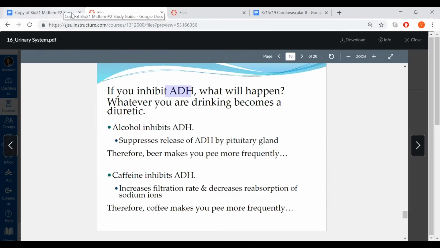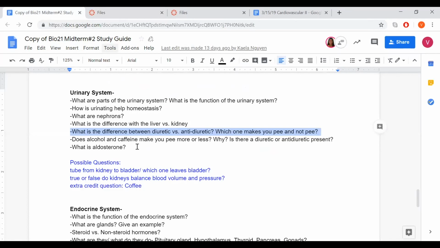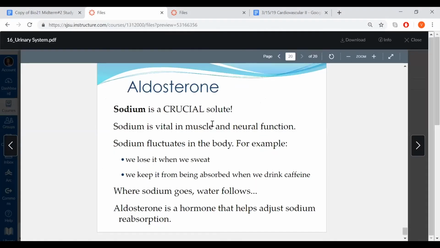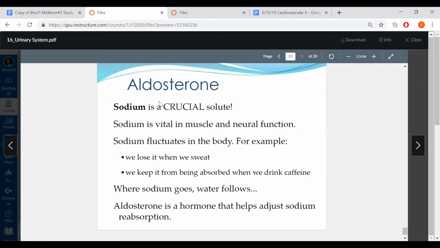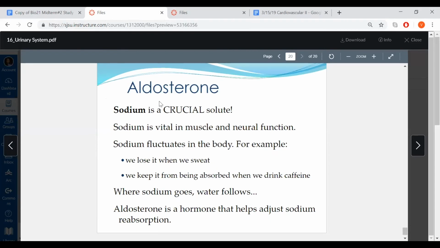But anyways, moving on. So what is aldosterone? Yeah, the aldosterone, that's the ADH, right? Or, oh, actually, no, sorry. That's the last slide. It is sodium that's a crucial solute.